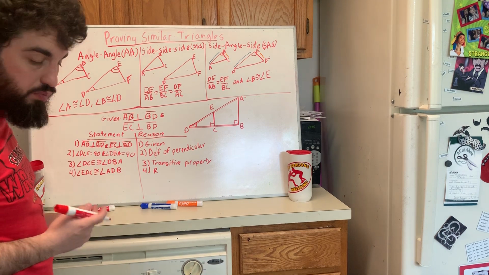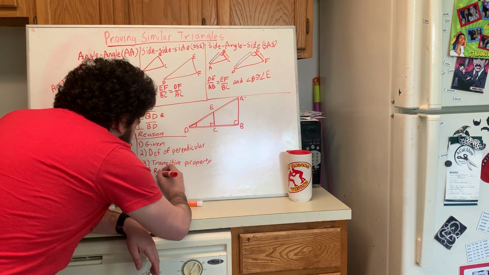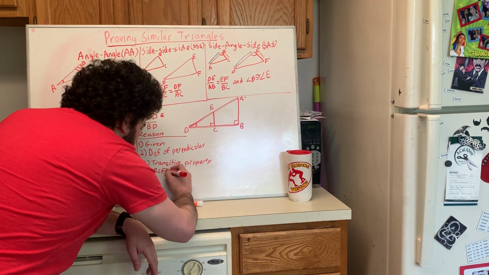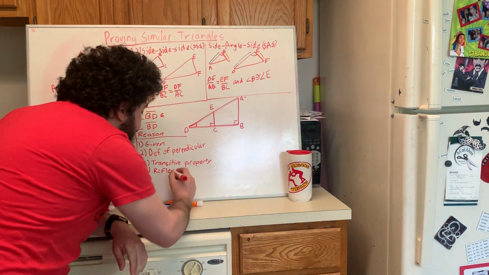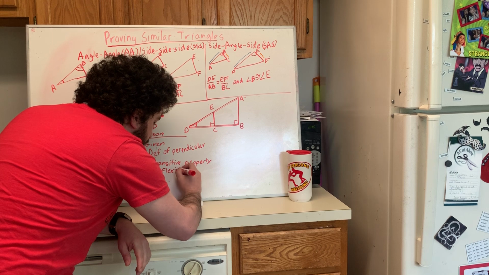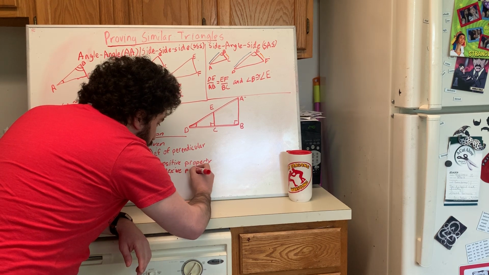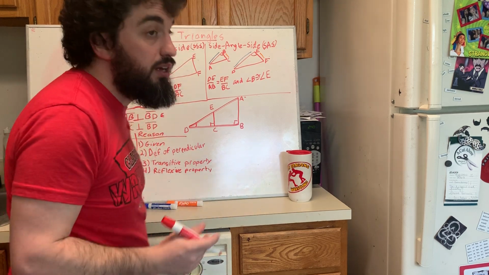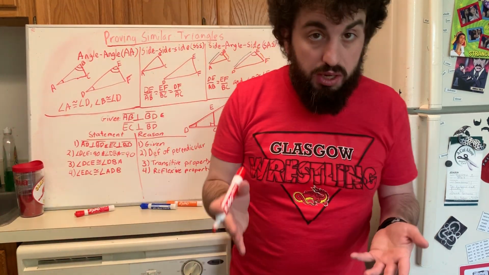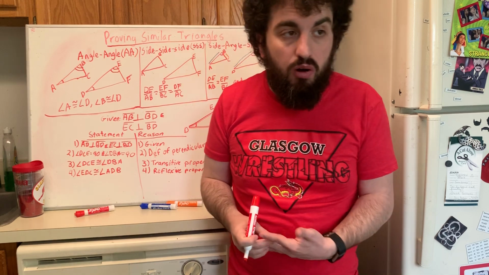So the reflexive property seems like a really odd property. Well, something's equal to itself. That's a silly property to have, but it is an important property. So reflexive property allows you to say, hey, this angle is equal to itself.